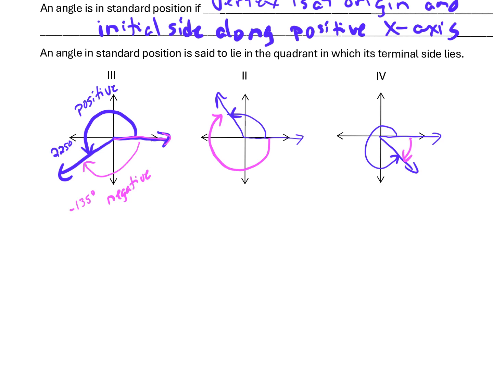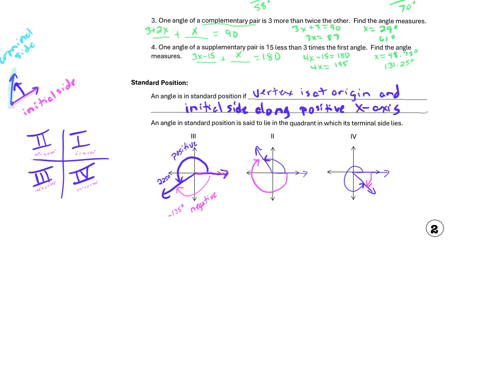And especially in quadrant 4, notice we don't have to rotate very far to get to where that ending place would be, right? Okay, so standard position along that positive x-axis, and then we are rotating either positive direction or negative direction. And we'll look at that here again in a second.